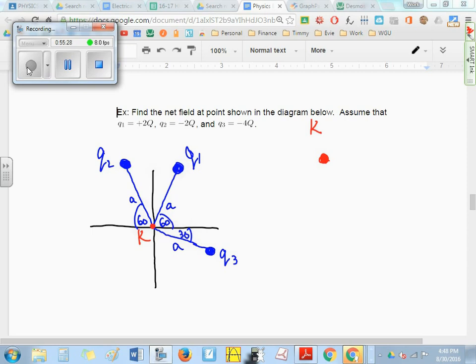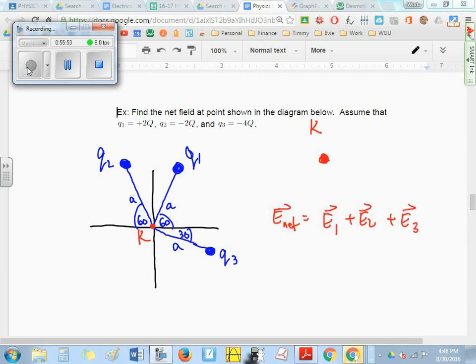We don't have to really think about that because when we plug in the 2Q, the negative 2Q, and the negative 4Q, that will take care of itself. So we're going to use the idea that the sum of all vectors, we call that the net field, is going to be E1, which is caused, of course, by Q1, plus E2, which is caused by Q2, and E3, which is caused by Q3.